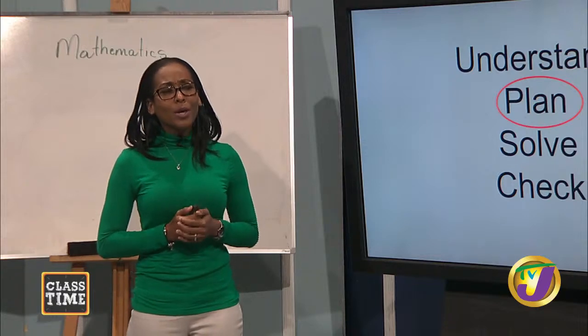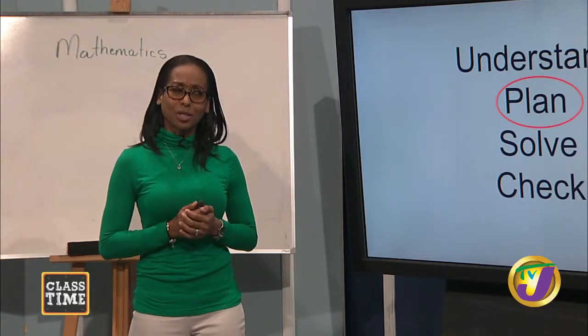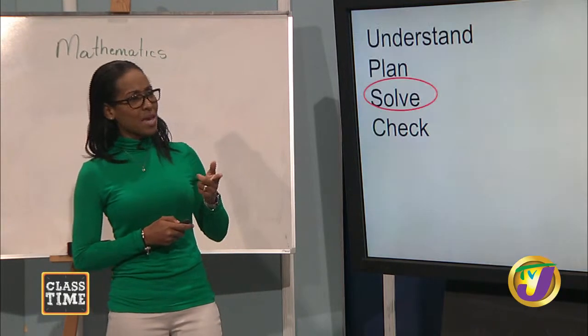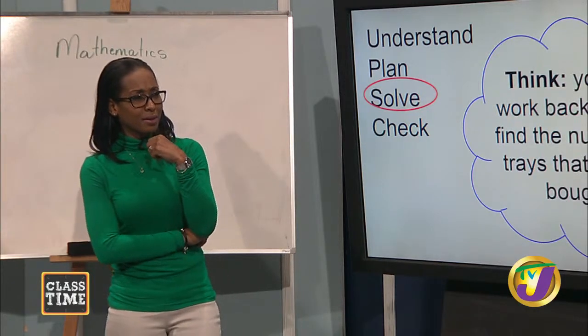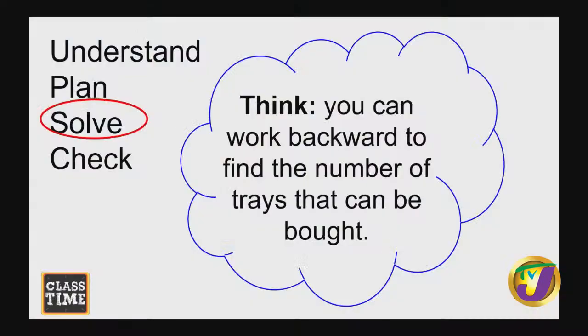We also know he needs transportation, and there is money allotted for transportation. In solving it, I think maybe we can work it backward. You can work backward to find the number of trays that can be bought. I'm going to use what we have.